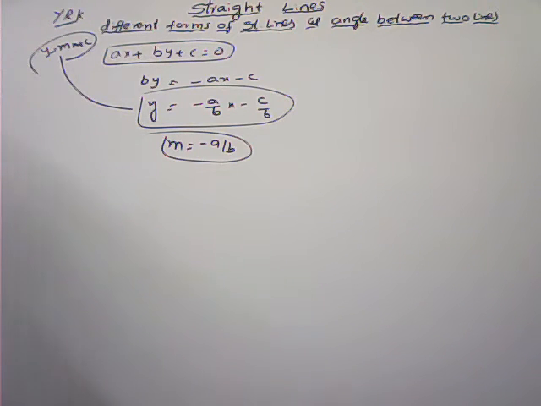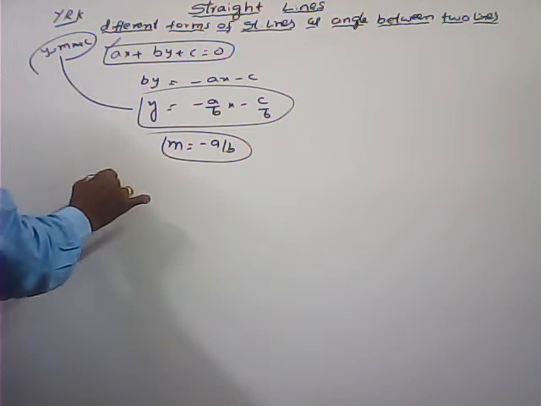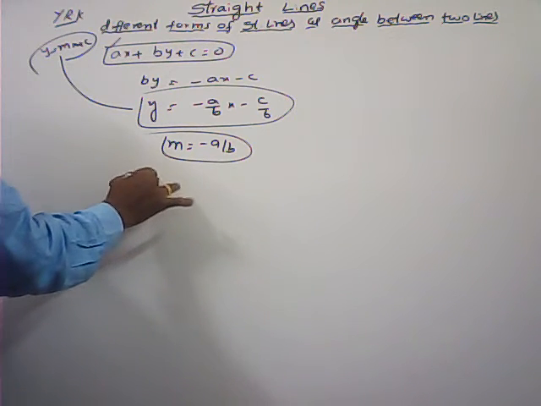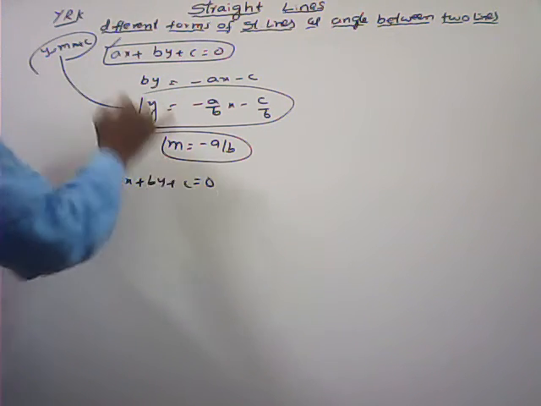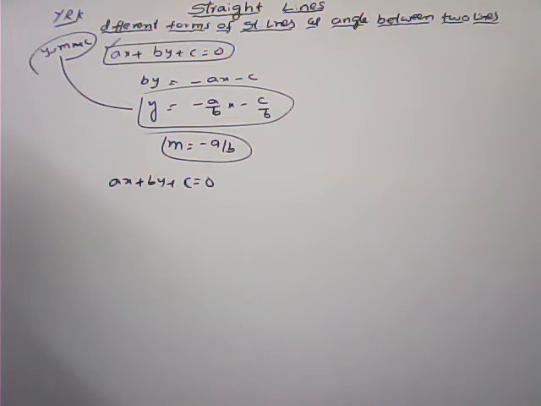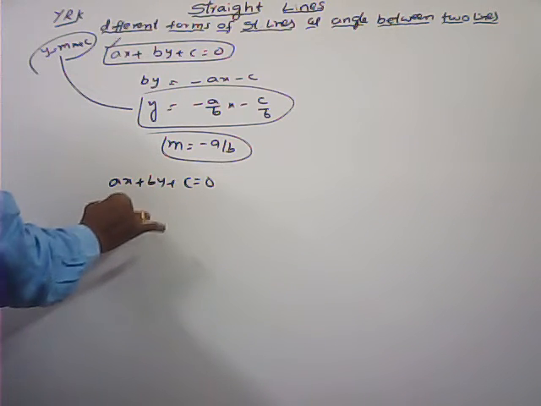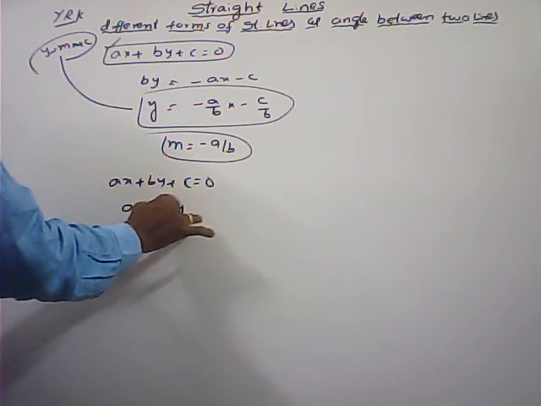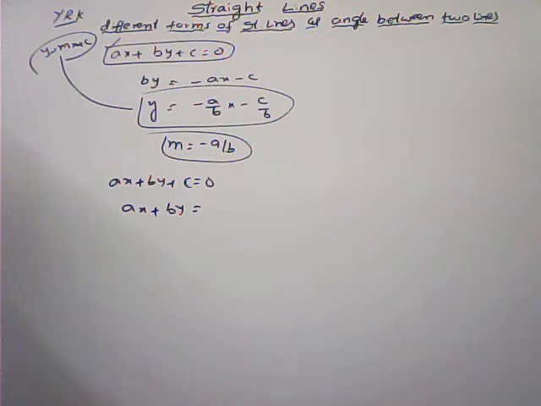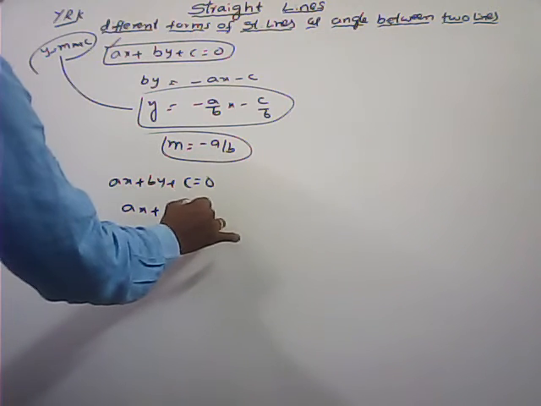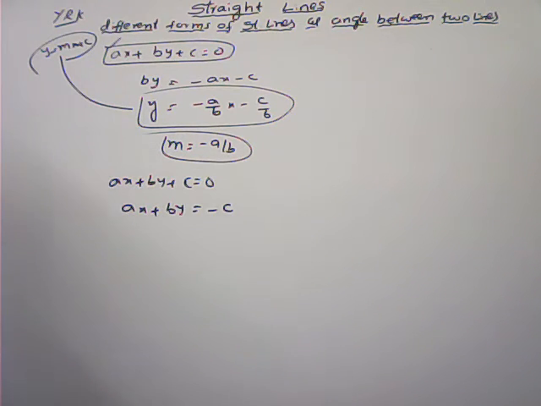To find both the intercepts, if the standard form of the equation of the line is given, for example ax plus by plus c is equal to 0, we reduce it into the intercept form. ax plus by is equal to minus c.